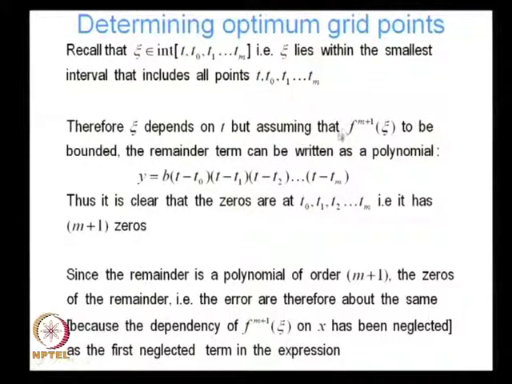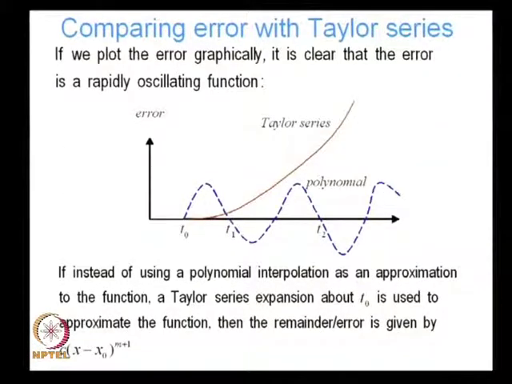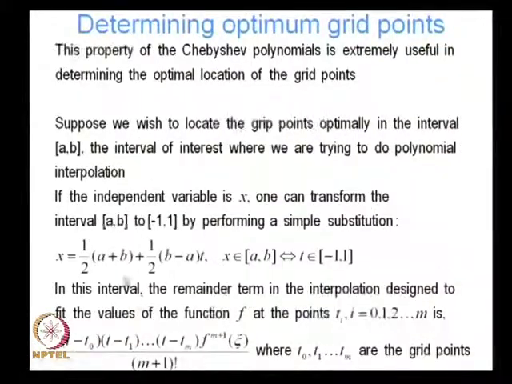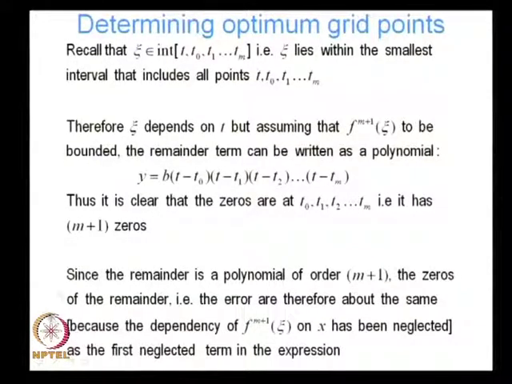But if we assume that f to the power m plus 1 xi is bounded, right, then the remainder term can be written like this, where I can think of b as the bound. So, instead of writing it like this, I can represent this whole thing as b, and then I get this expression, b into t minus t0, t minus t1, t minus t2, t minus tm, right.